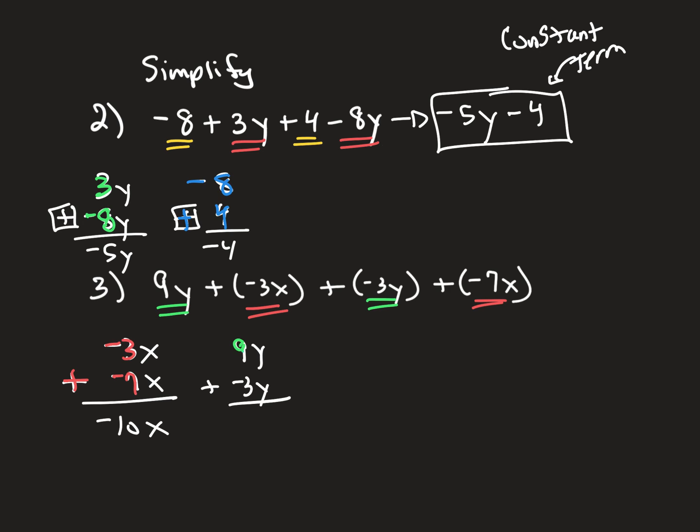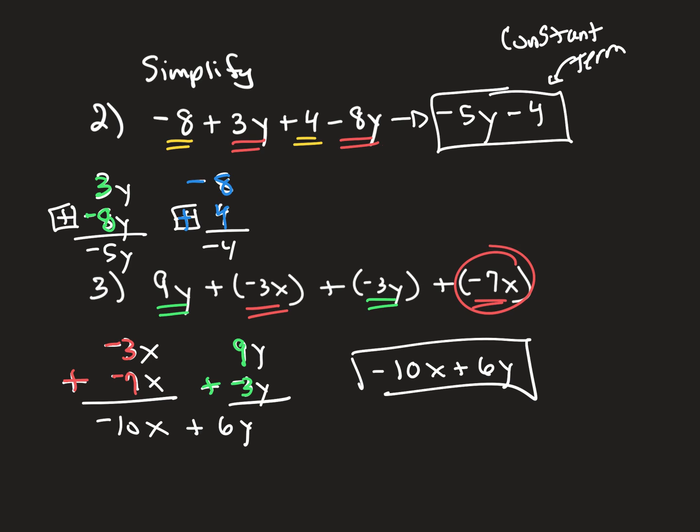And 9y plus a negative 3y, wouldn't that give me a positive 6y? So our final answer for this problem is negative 10x plus 6y. That would be our final answer when you combine the x's and then you combine the y's.